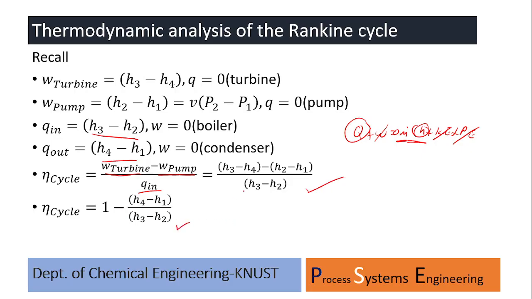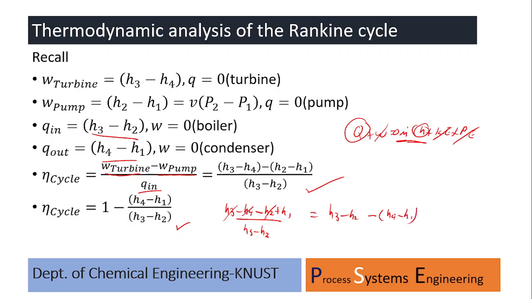So the simplification, all that was done was they expanded what we have here. So H3 minus H4 minus H2 plus H1 over H3 minus H2. Then we group H3 minus H2. So it becomes H3 minus H2, then let me say minus H4 minus H1.